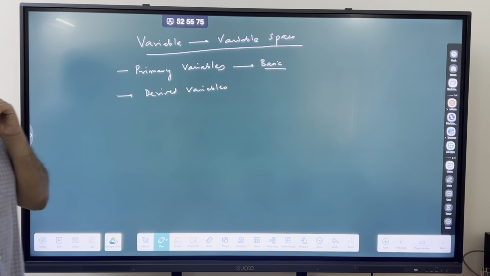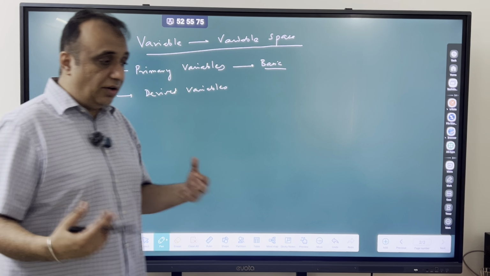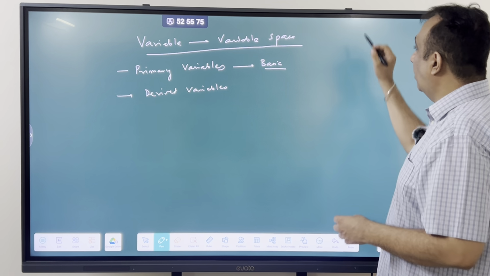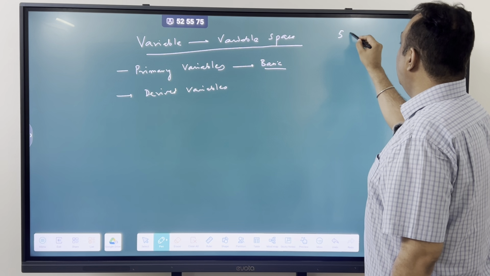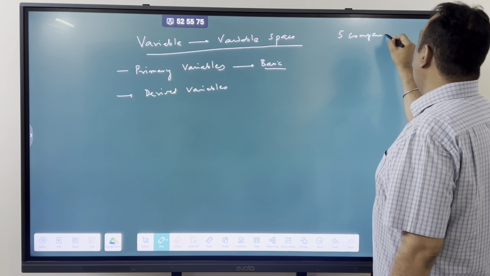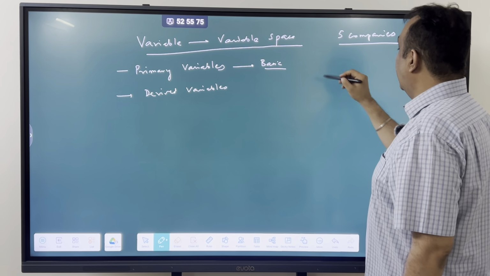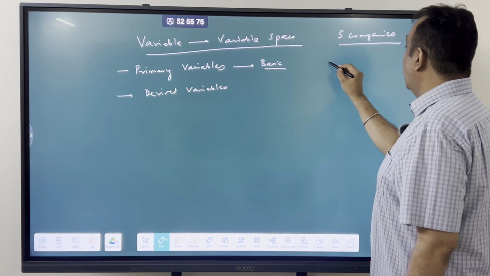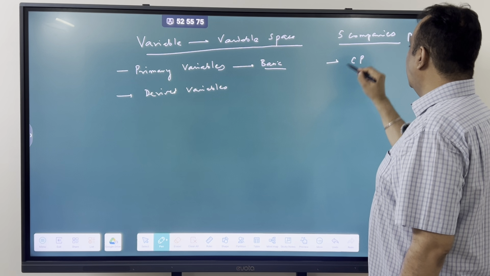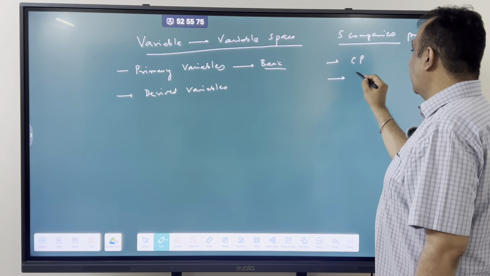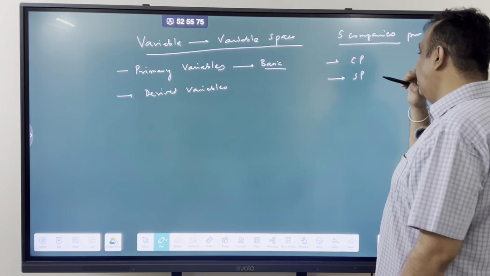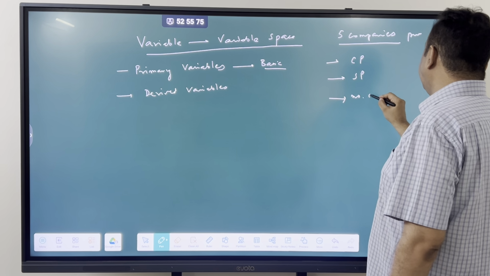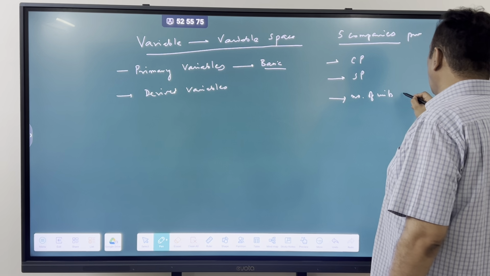Let us say we are going to work on a DI set where we're talking about some companies, let's say 5 companies, and we would be looking at the 5 companies' products, the cost price of the product, let's say the selling price of the product, and then the number of units produced or sold.